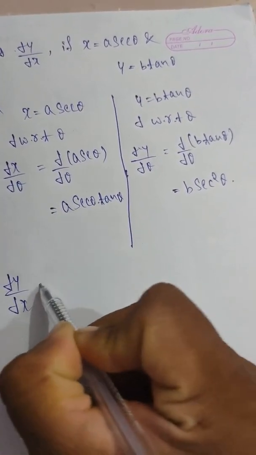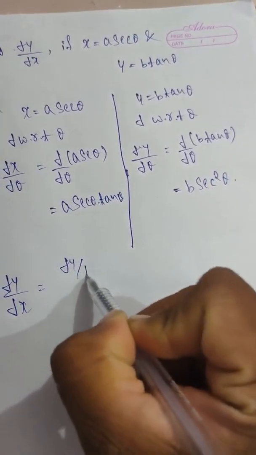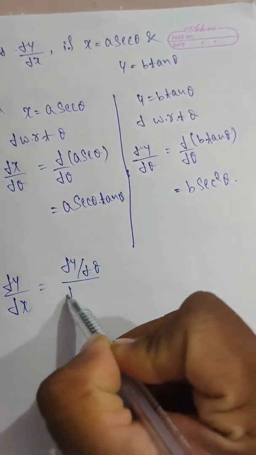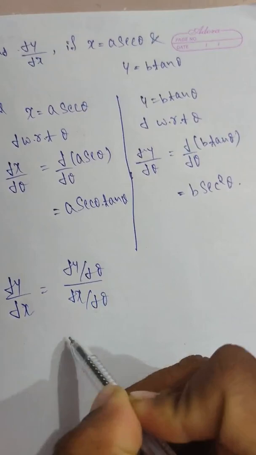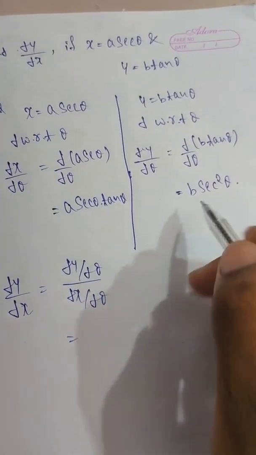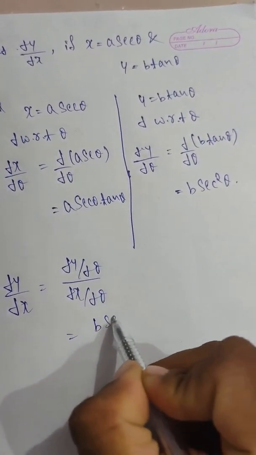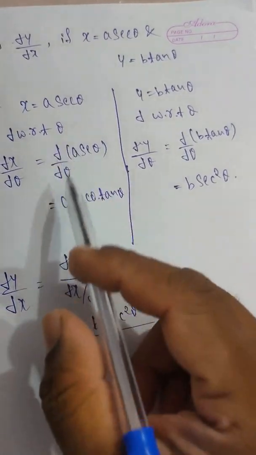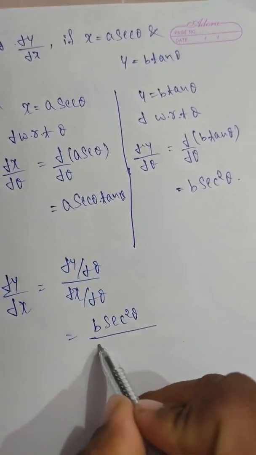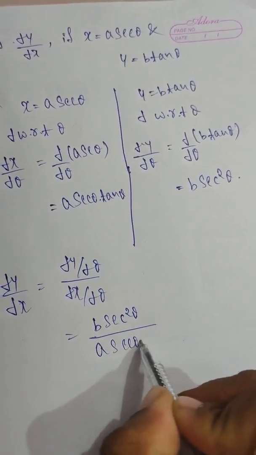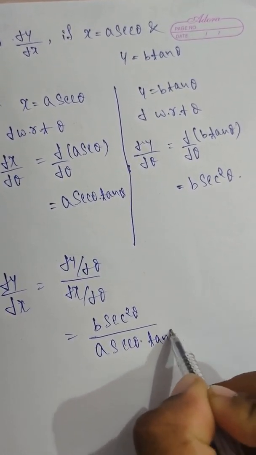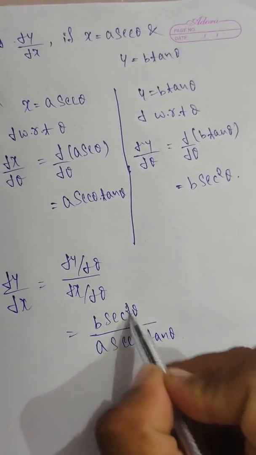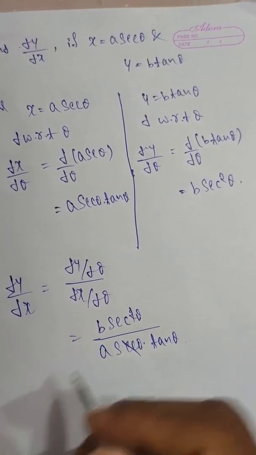Now you find dy by dx. dy by dx is equal to dy by d theta divided by dx by d theta. Here dy by d theta is b secant square theta, and dx by d theta is a secant theta into tan theta. Here secant theta cancels.